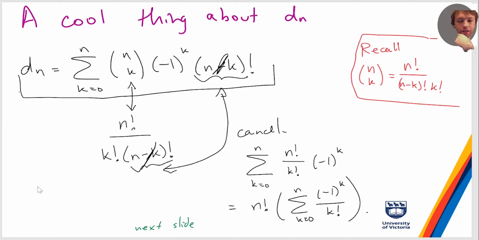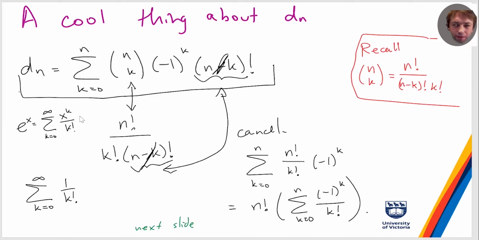What if I take the sum k equals 0 to infinity of 1 over k factorial? Does anyone know what that is? I don't know whether you've seen this in calculus or anything else, maybe not. Like Taylor series and stuff like that. Has anyone seen that e to the x is like this? Maybe not, it's been a while.